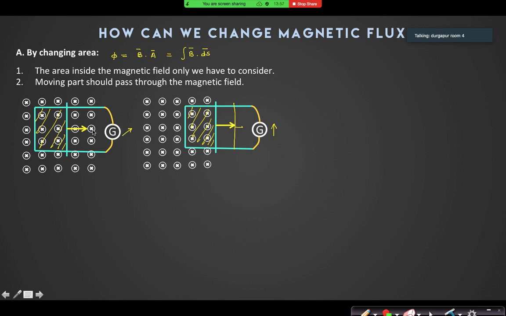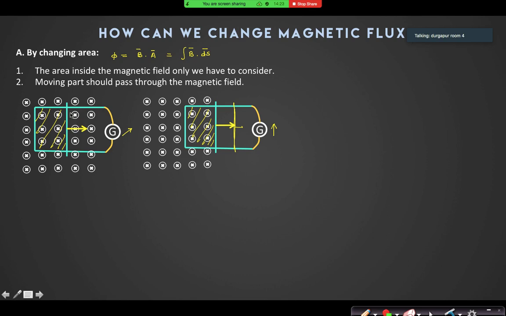Have you understood? If the rod is here, then this is B into A, and this area you don't have to calculate because there is no magnetic field, so no magnetic flux. So wherever you move that rod, is the magnetic flux changing for this rectangular frame?